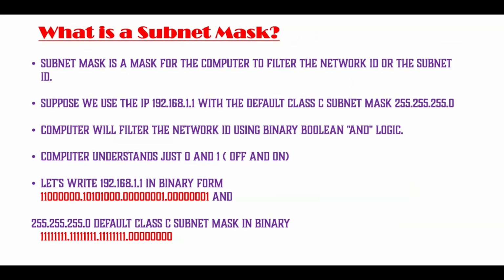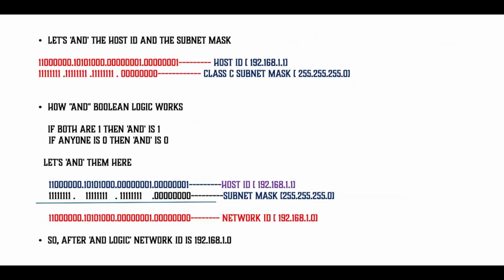Let's write 192.168.1.1 in binary form, and 255.255.255.0, the default Class C subnet mask, in binary. Let's AND the host ID and the subnet mask.